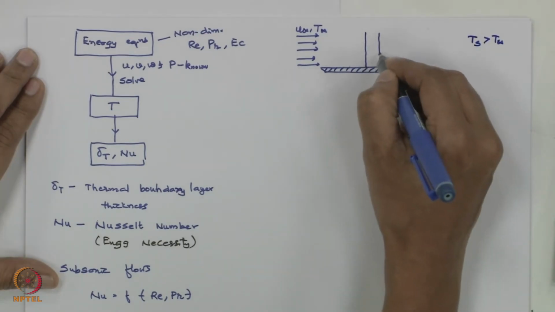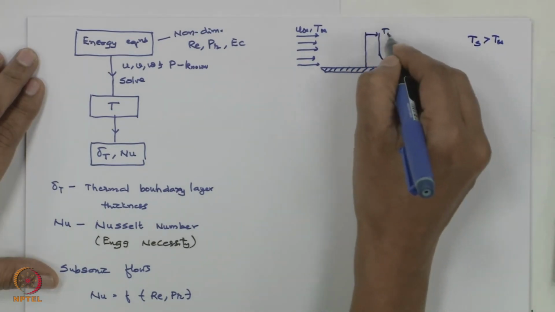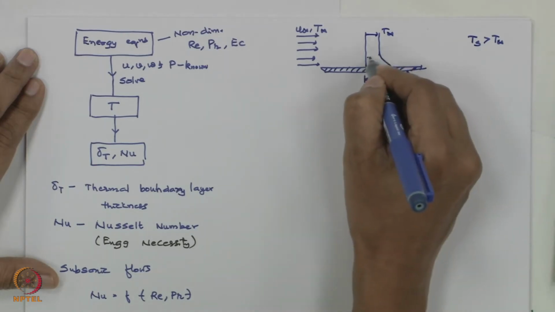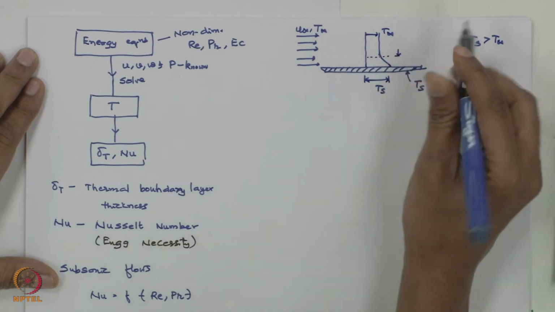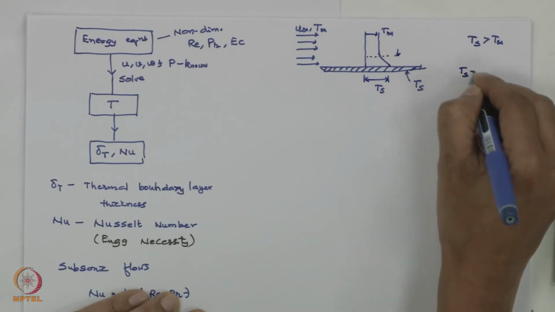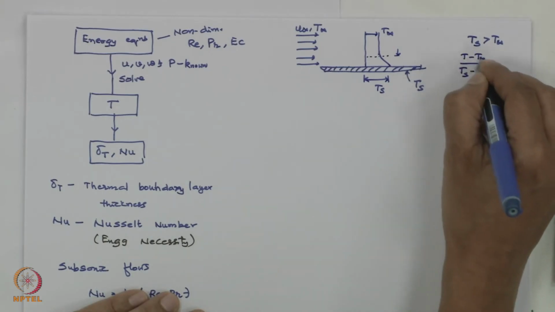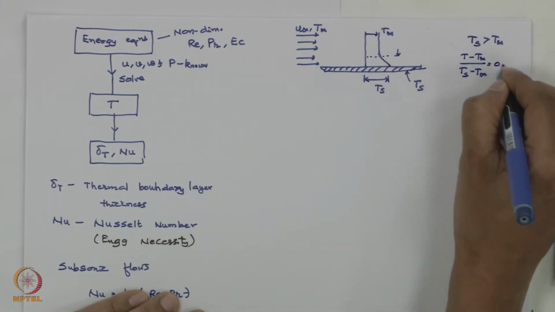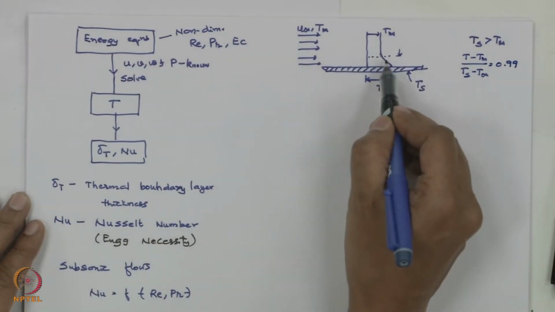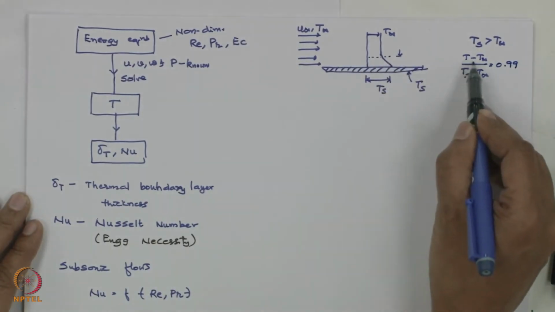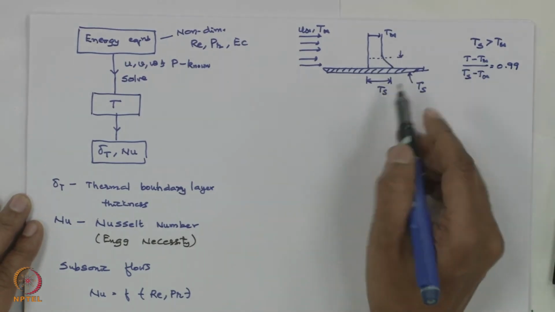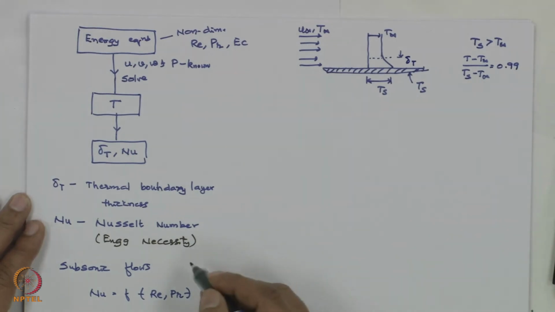So, you will find something like this: here you will have T infinity, here you will have Ts. So, there is a location where (Ts minus T) upon (Ts minus T infinity) is 0.99. So, it is that location of y where my temperature difference T minus T infinity is 0.99 times Ts minus T infinity. So, this is the thermal boundary layer thickness.